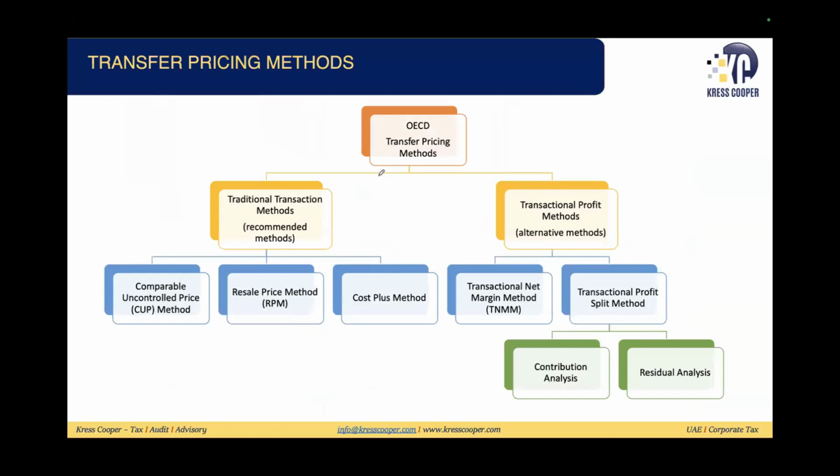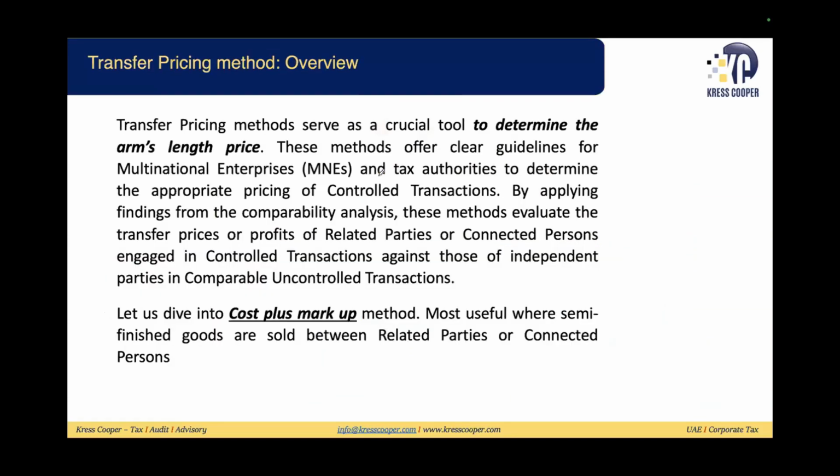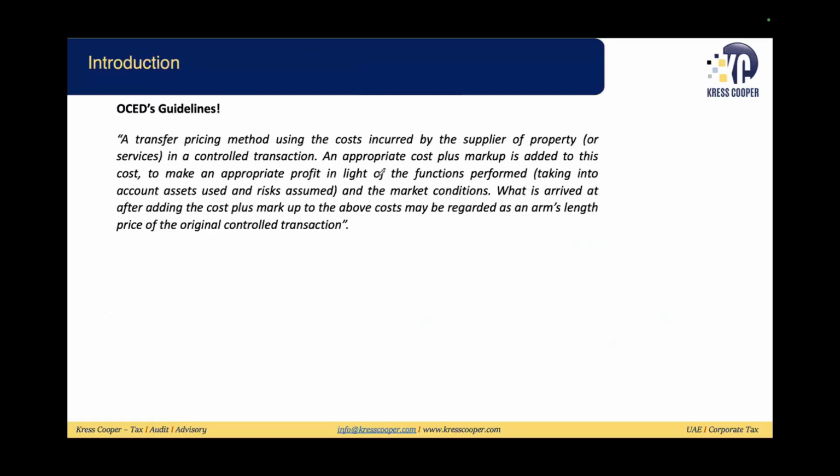As I just mentioned, there are three methods: comparable uncontrolled price method, resale price method, and cost plus method. This is the third method that we're discussing today. What are the OECD guidelines regarding this?